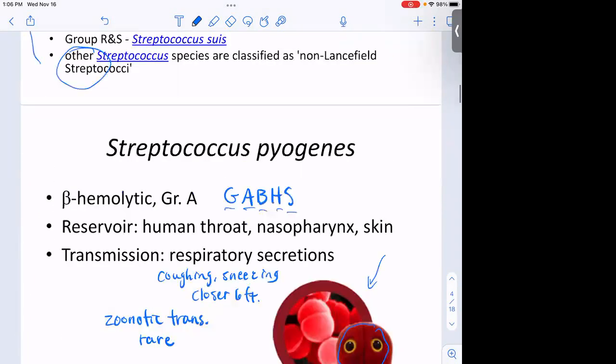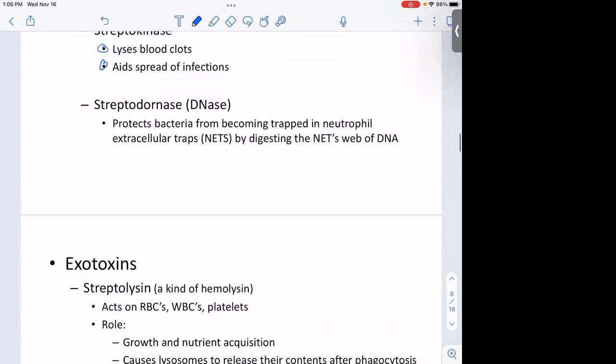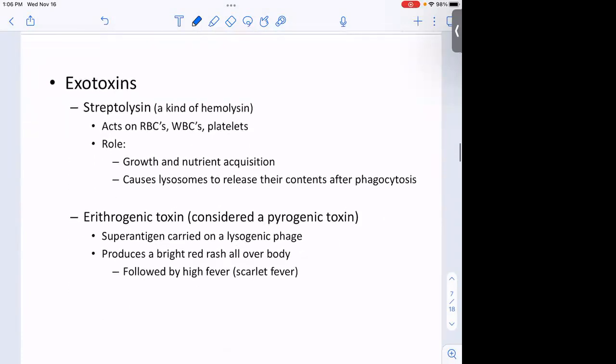If you're in lab, your instructor probably talked about hemolysin O and hemolysin S, or streptolysin O and streptolysin S. They just act in different conditions to cause beta hemolysis.